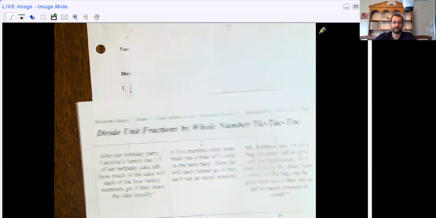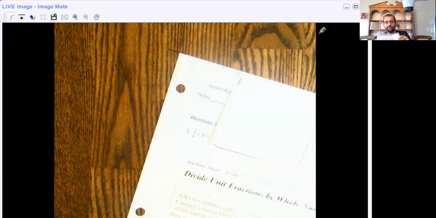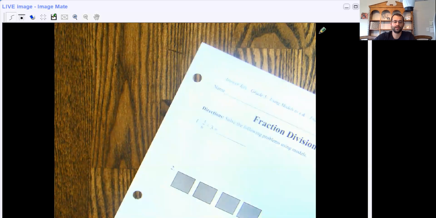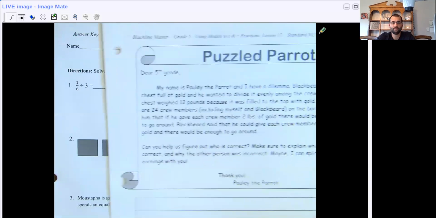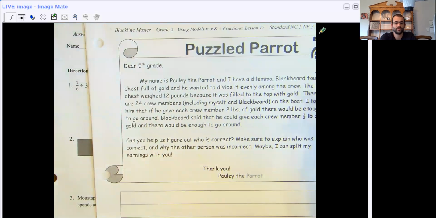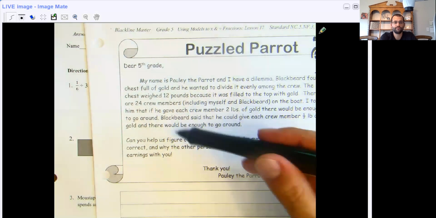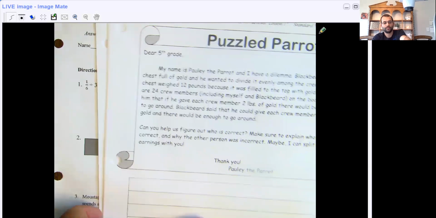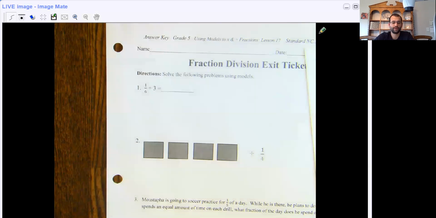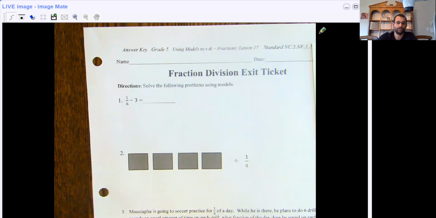When you finish, you'll have a couple more little assignments to work on. You'll have right here where it says this puzzled parrot, and it kind of goes over this right here. This will be your early finisher activity. And you'll also have your fraction division exit ticket, which we are going to be taking for a grade.